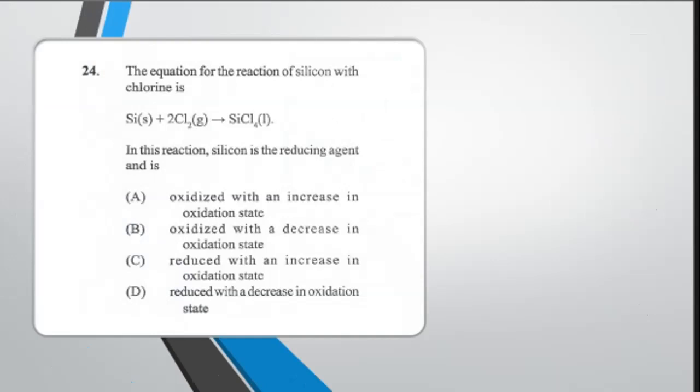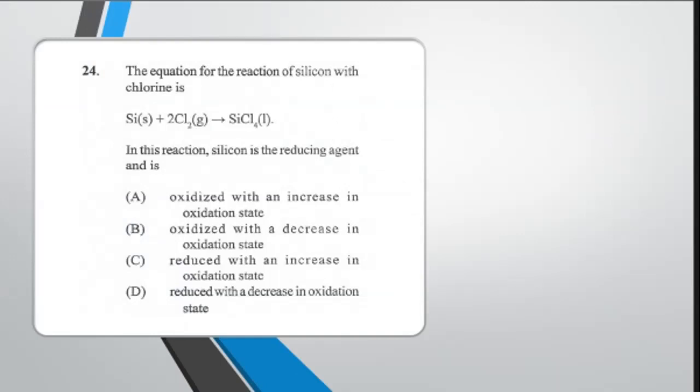Okay, so question 24. The equation for the reaction of silicon with chlorine is as follows: Si in solid state plus 2 chlorine gas to give you silicon tetrachloride.